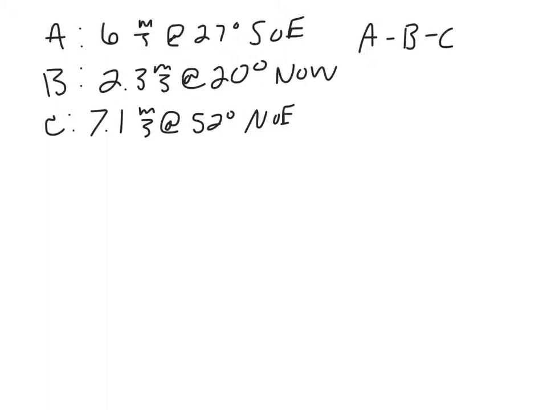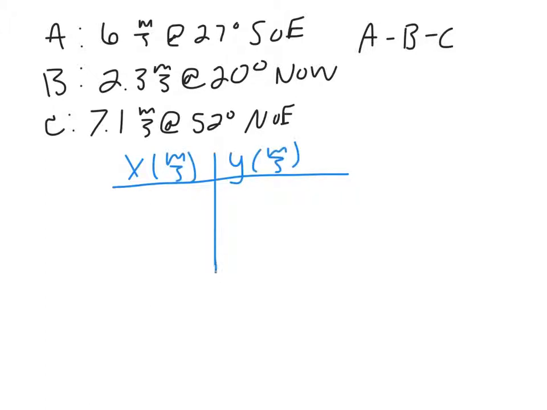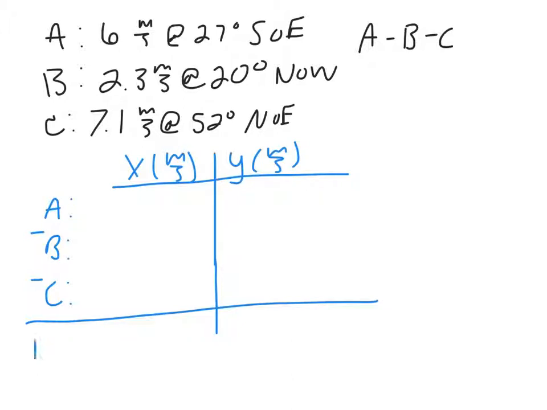So we'll start with our XY chart. Put the units up here so I don't have to put them with all the numbers. And first thing I want to do is find the X and Y components for my 3 vectors. And we're doing A minus B minus C. And this will give us our resultant.